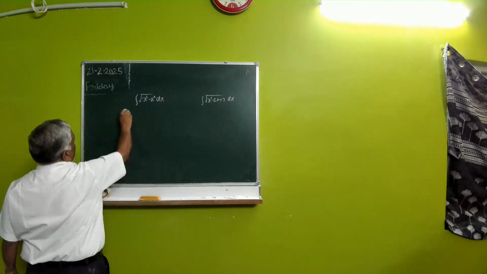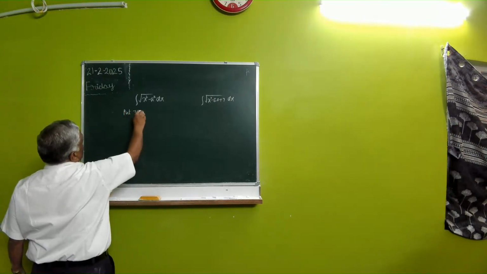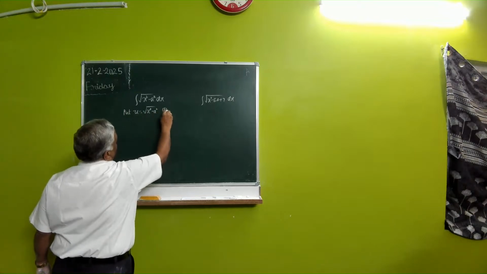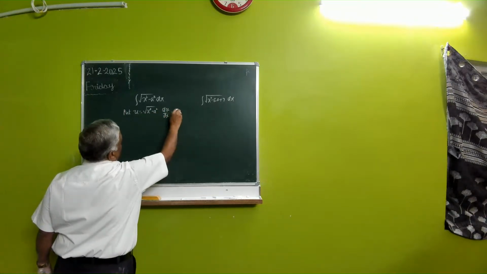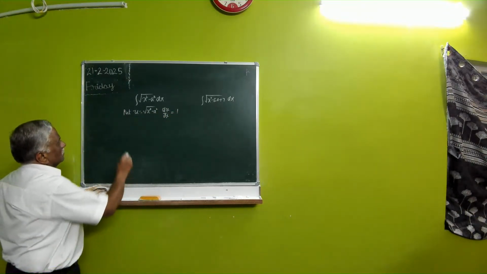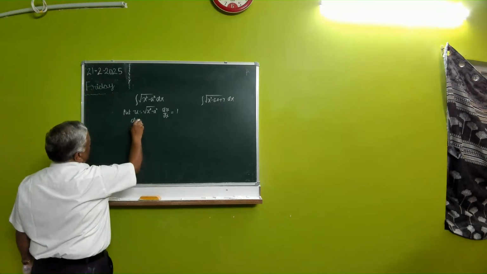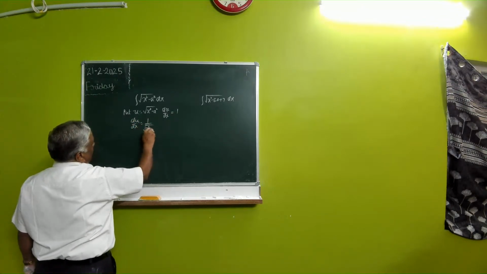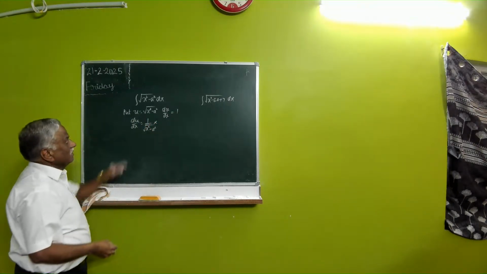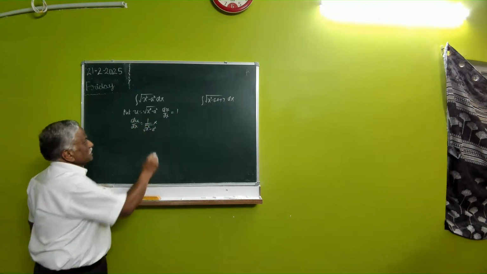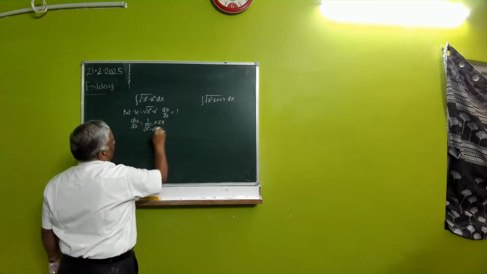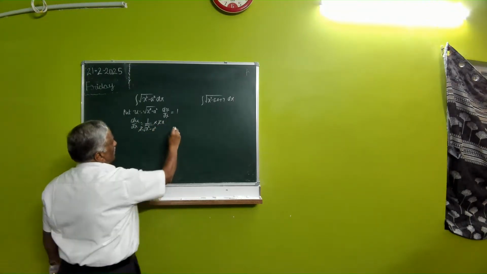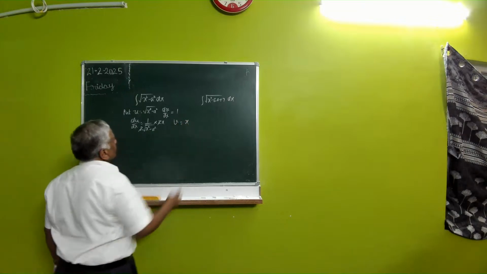So put u is equal to root of x square minus a square, dv by dx is equal to 1. So what is du by dx? 1 over root of x square minus a square multiplied by derivative of x square, which is 2x. 1 over 2 root, this 2 and 2 will cancel. What is v? v is x.